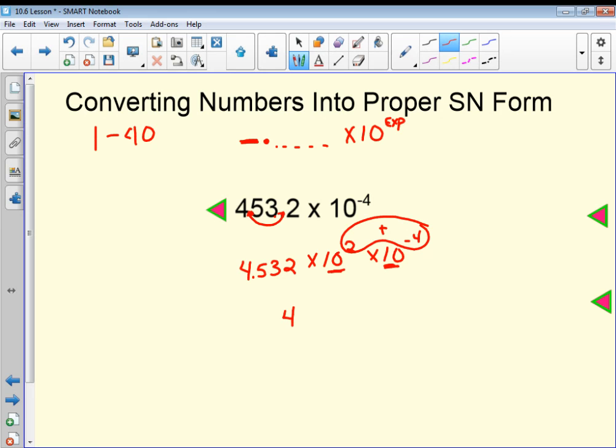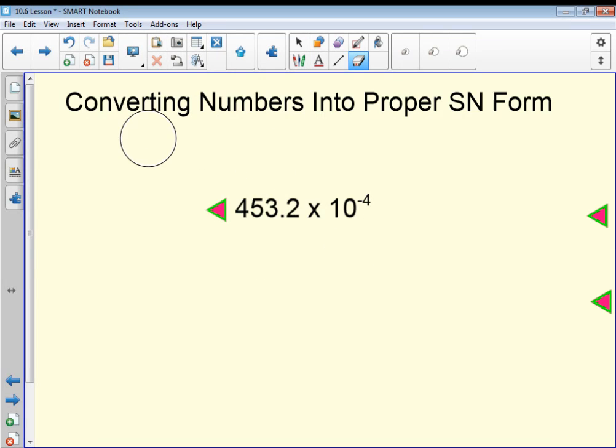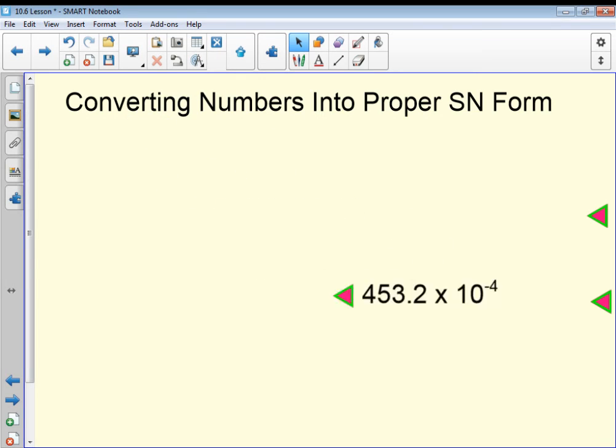So final answer, 4.532 times 10, and 2 plus a negative 4 gives me negative 2. Okay, some of you are going to find shortcuts as you get more comfortable with this, but this is the way to start it out so you're understanding. We're going to create that same base number, and then we're going to use skills that we already know. And this one takes practice. It's not an easy concept.